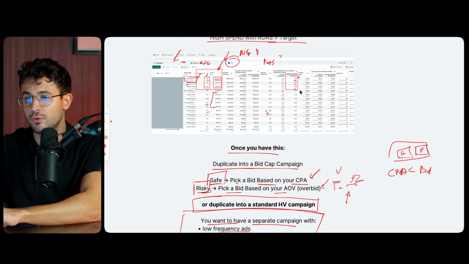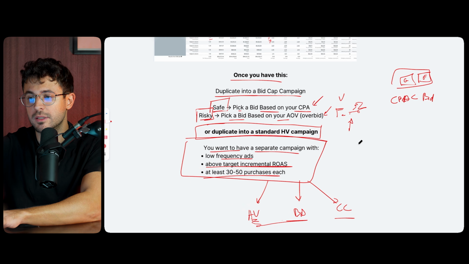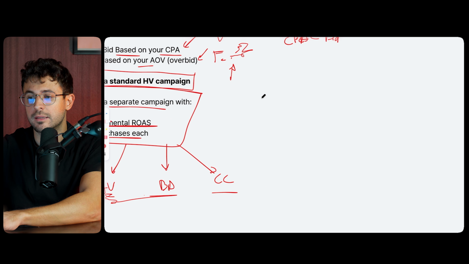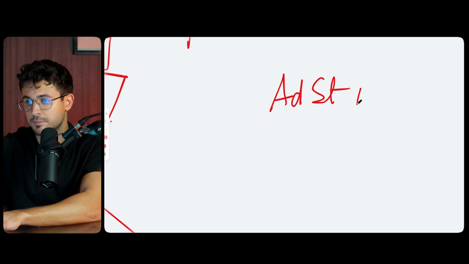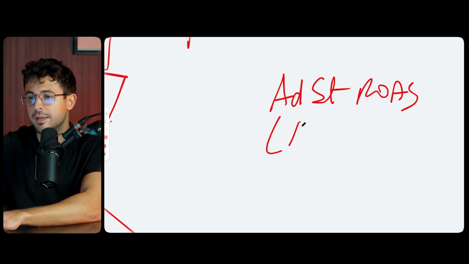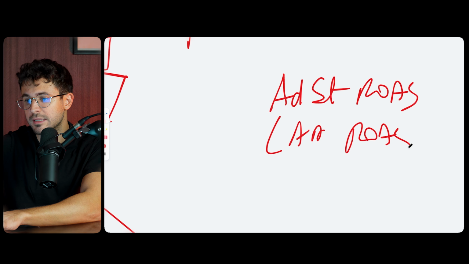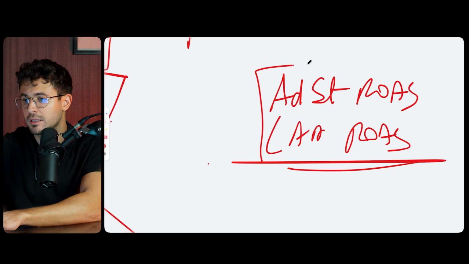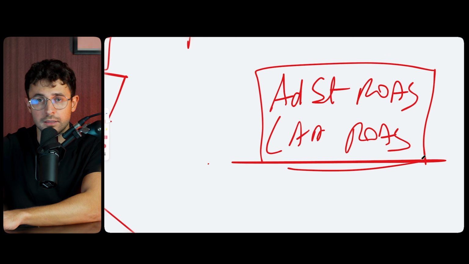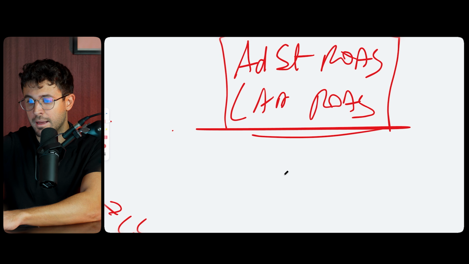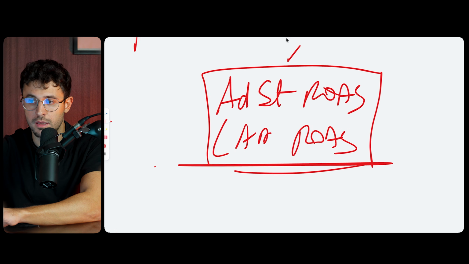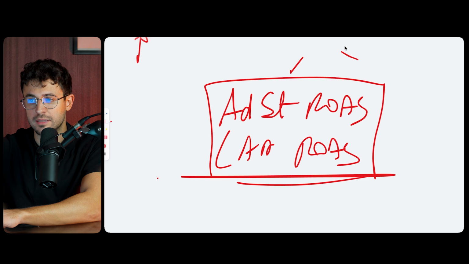But what is important for you to understand here is that whatever decision you take, you need to take the decision in terms of looking at the ad set ROAS and the campaign ROAS, because this is giving you a more precise actual ROAS in terms of attribution and in terms of business profit level, depending again on what is actually working and not working, depending on how much you're spending and everything.